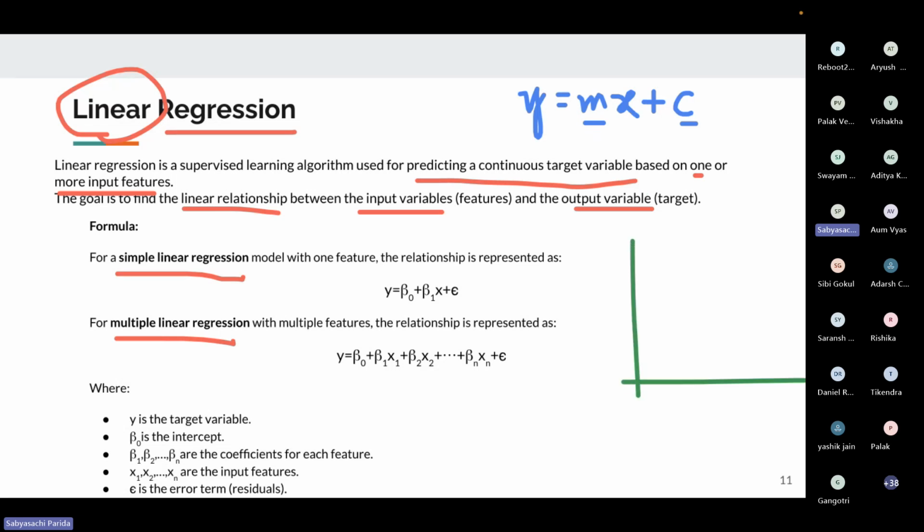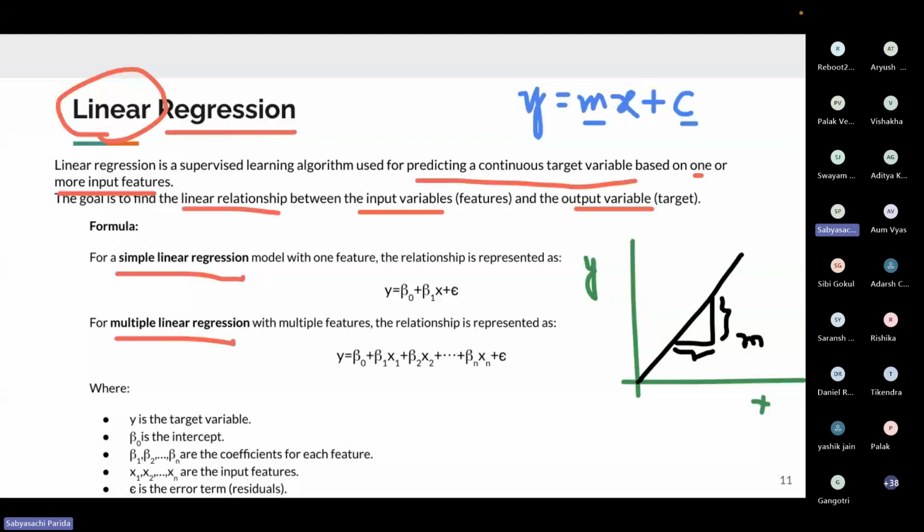Suppose this is the x-axis and this is the y-axis. For a line that starts from 0 and goes like this, there is a linear relationship between y and x. So here c is 0. That means when c is 0, y is equal to mx, where m is the slope of the line, that is, y2 minus y1 divided by x2 minus x1.